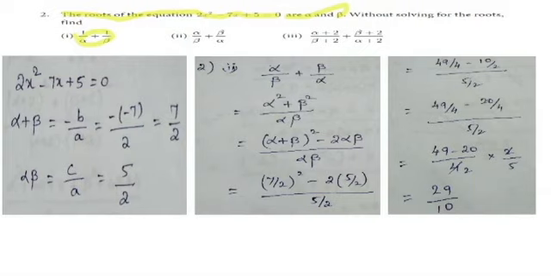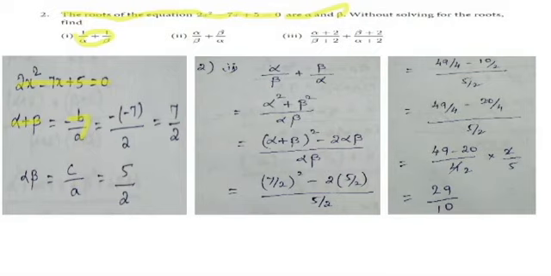So before moving to second one, we need to solve this quadratic equation. 2x square minus 7x plus 5 is equal to 0. So in this, we need to find out what is alpha plus beta. So already we had seen sum of the roots, product of the roots. So sum of the roots is equal to minus b by a. So the same we are going to follow here.